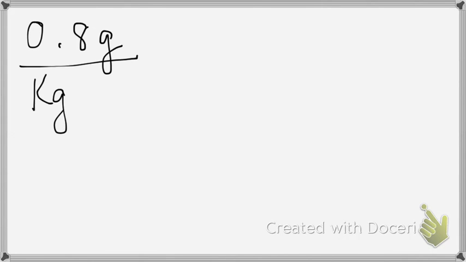We're going to do 0.8 grams. Let's make our ratio here per kilogram per day, right? And then we're going to do the kilograms here. I always do the cross multiplication.